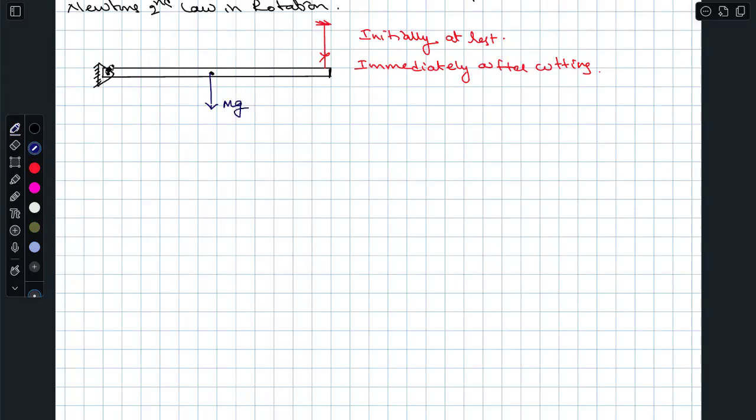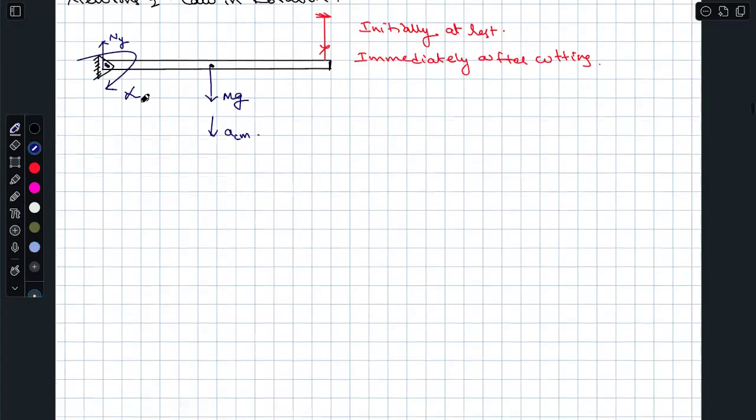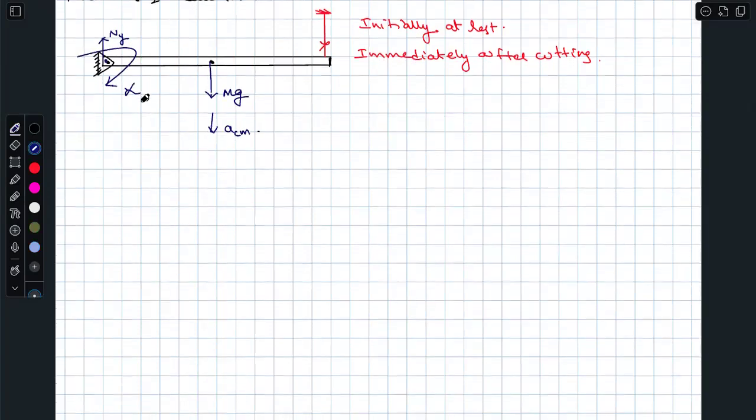You have mg here, normal reaction here, a CM here, angular acceleration alpha here. Now the question is: mg times L by 2 is the torque.